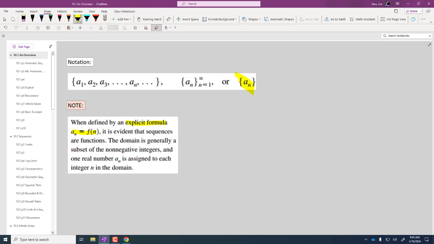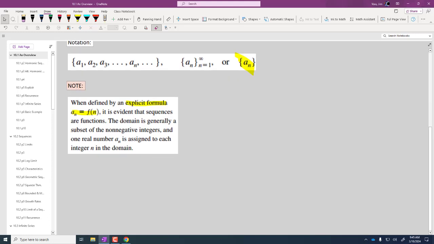You stick in 1, you stick in 2, you stick in 3. You're not putting in 1.1 or 1.2 or pi. We're only putting in positive integer values. So when we look at the graph of one of these sequence functions, we just get a collection of dots. So it's a discrete function, not continuous. No dots are connected to each other. So that's the big thing.